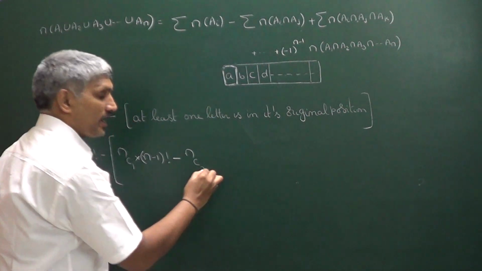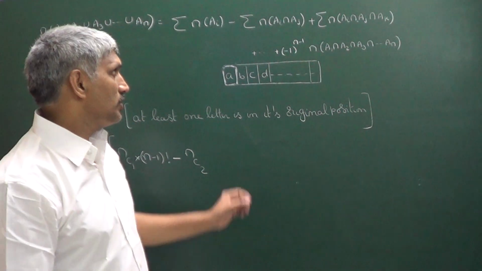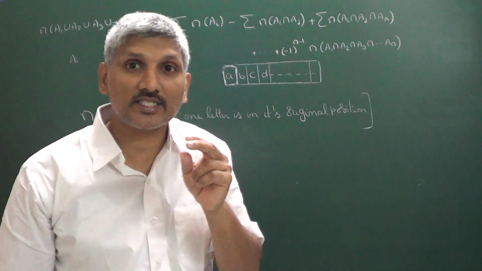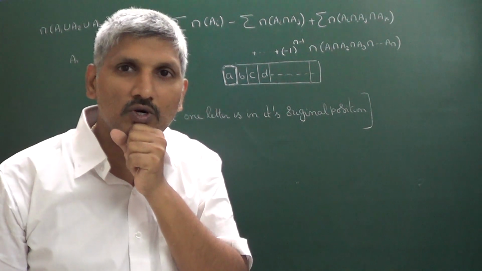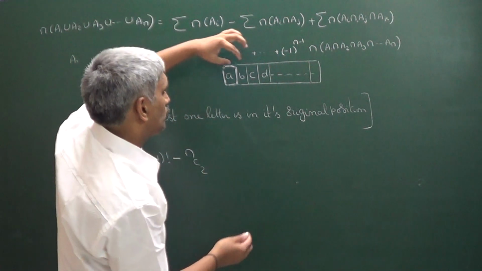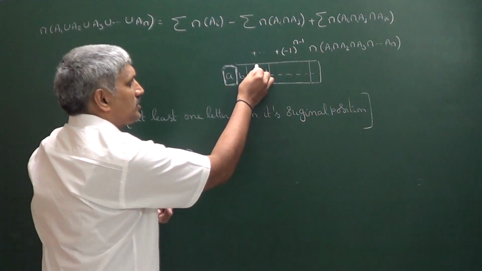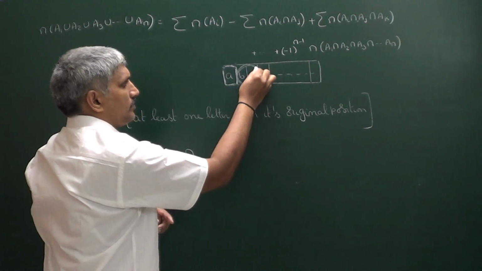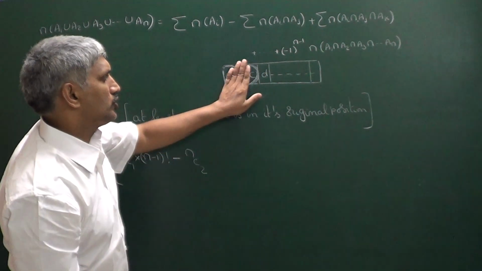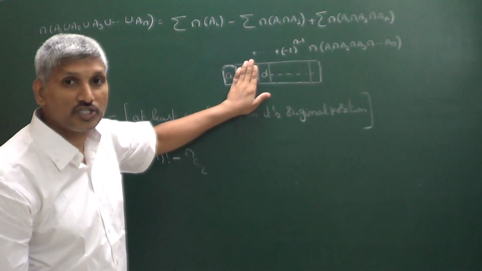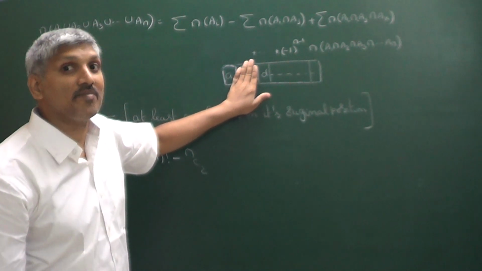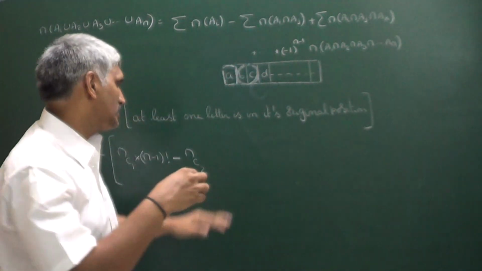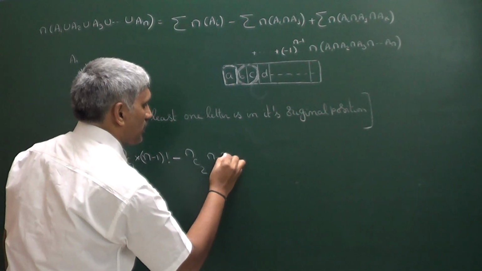So A1 intersection A2 means exactly two letters are in their original position. Now these two letters are in their original position. The remaining n minus 2 letters can be arranged in n minus 2 factorial ways.